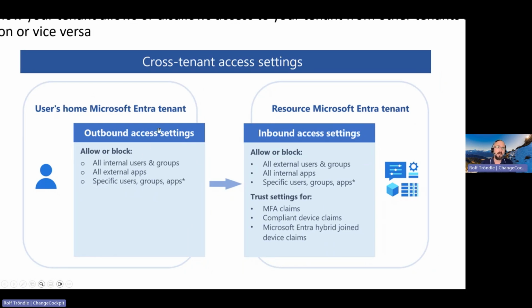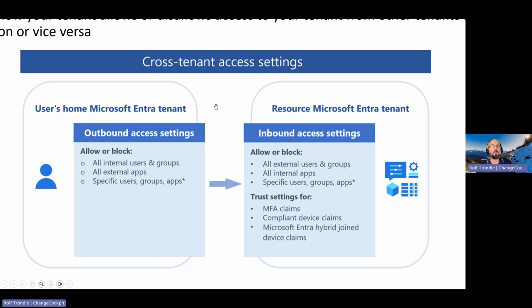It has our outbound access settings. We can allow or block internal users, apps, or only specific users, groups and apps to access the resource tenant in this example, and the resource tenant then needs the inbound access settings. So we always need two sides of the configuration.